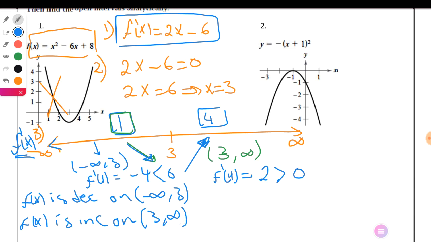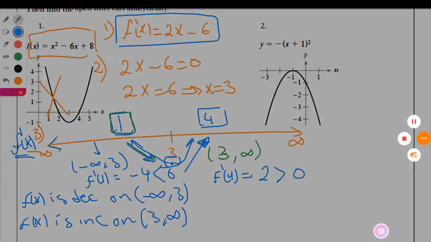But if the function changes from decreasing to increasing, in this case we have a minimum or maximum. We have a relative minimum at 3, but it is not requested here or not needed. I don't need it in this problem. That is part 1. I'll take a break and I'll continue to complete this worksheet.